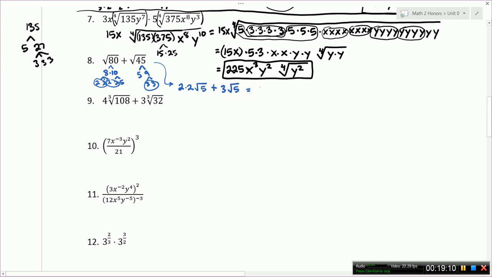Or 2 times 2 is 4, so 4 root 5 plus 3 root 5. Now we can see they both have a root 5. Because of that, we can add the coefficients, 4 and 3. And our final answer is 7 square root 5.